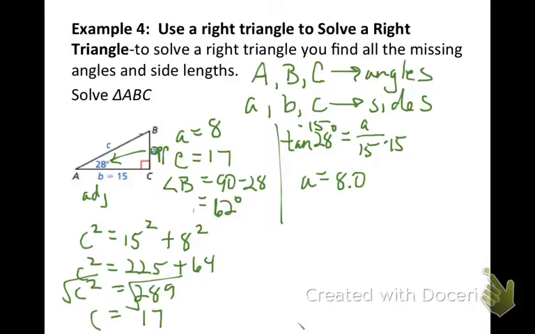So C equals 17. And now our triangle is solved. We know all of the side lengths and all of the angle measures.